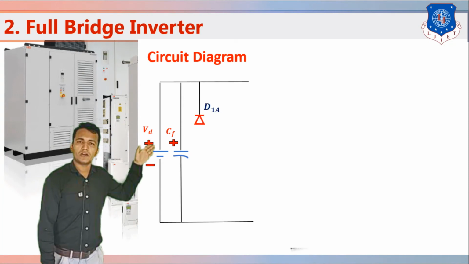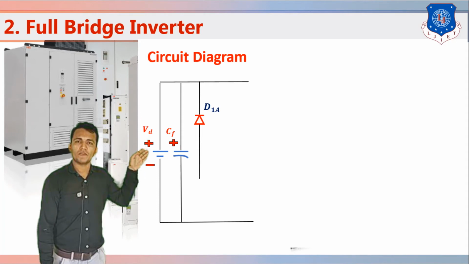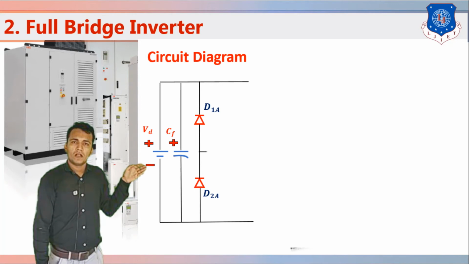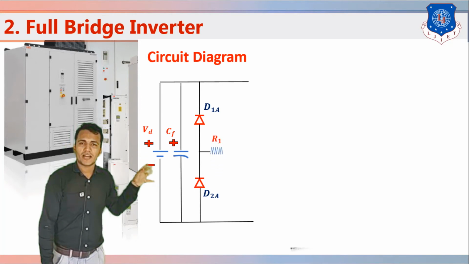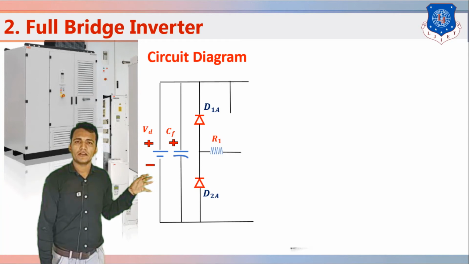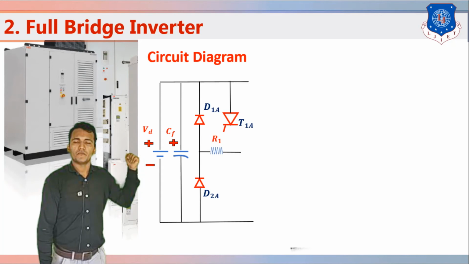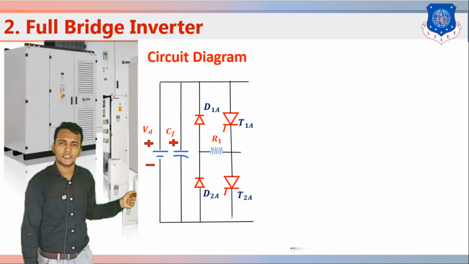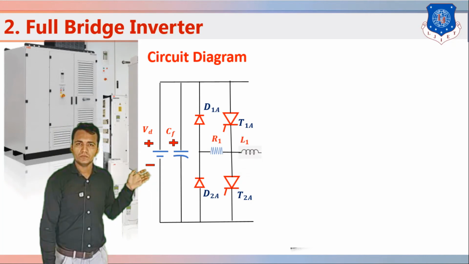Then we have auxiliary diode D1A and auxiliary diode D2A, a resistor R2, auxiliary thyristor T1A and auxiliary thyristor T2A, then inductor L2, then capacitor C2.